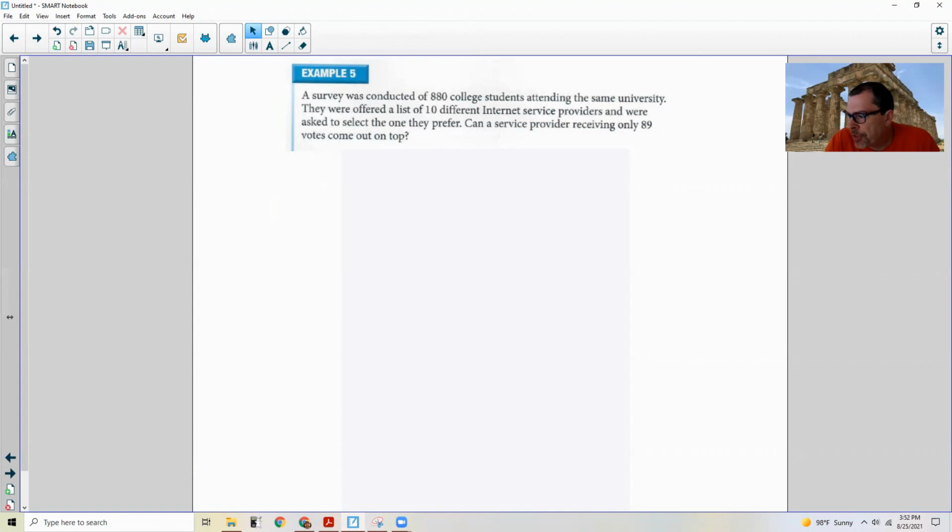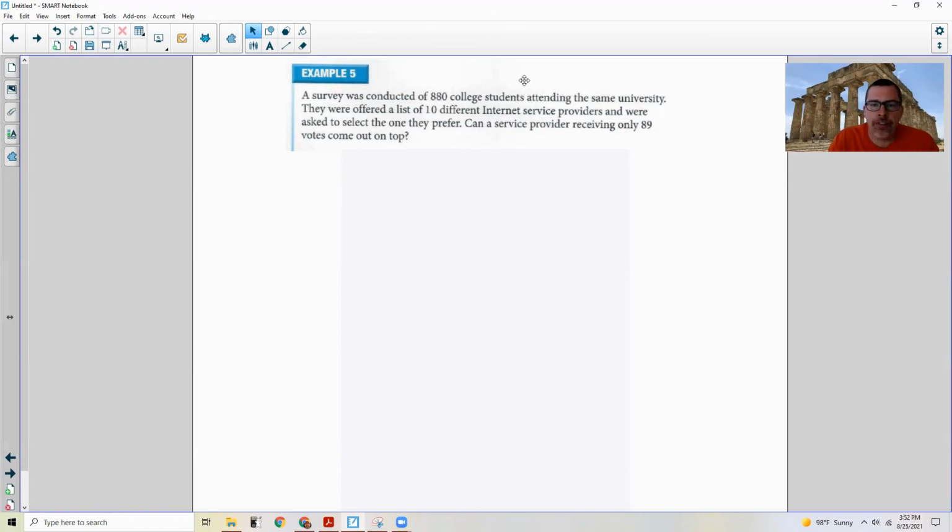The mode is often used with non-numerical variables, such as in a preference survey. A set can have no mode. If there are 2 modes, the set is called bimodal. Bi meaning 2, bimodal. If each of the 880 votes were split evenly among the 10 different internet service providers, each would get 88 votes and there would be no mode.